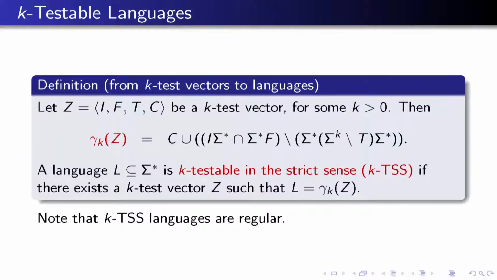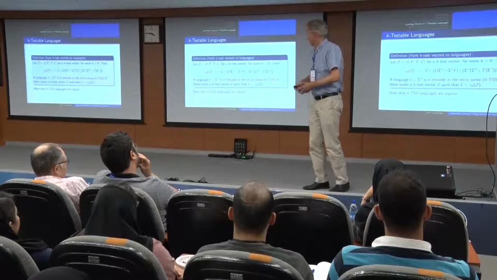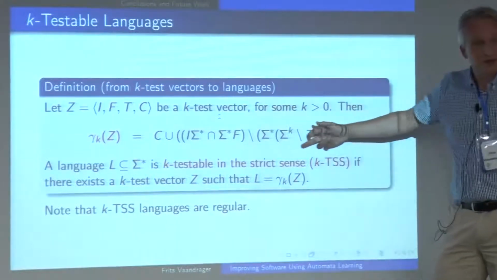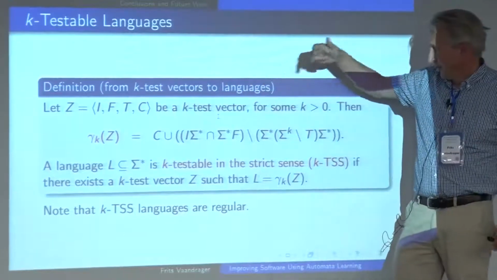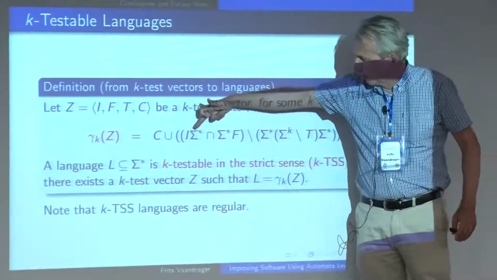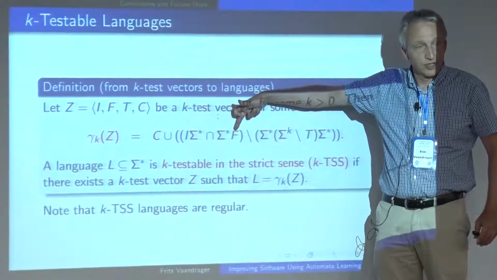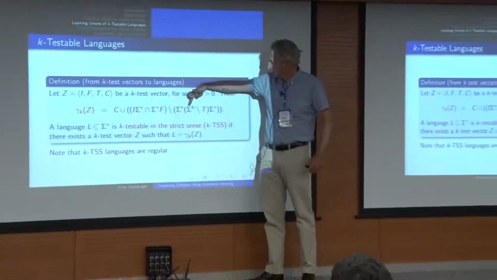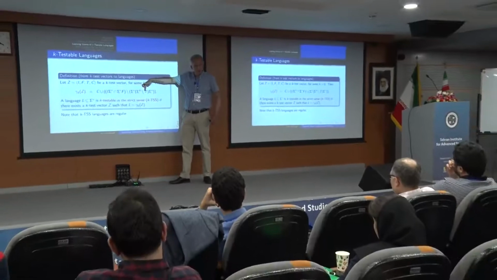Okay, so given a test vector, it determines a regular language, right? And we can describe that regular language by this expression. So all the short words are in the language. Then all the words that begin with an initial fragment and end with a final fragment are in the language, except those, here's a set minus, the words that at some point contain a sequence of length k that is not an allowed segment.